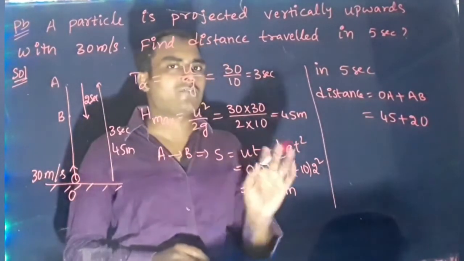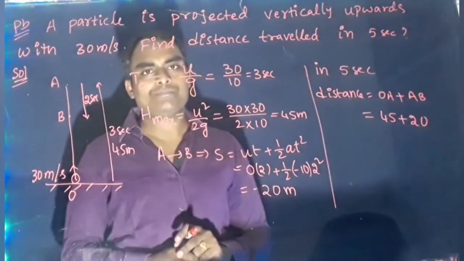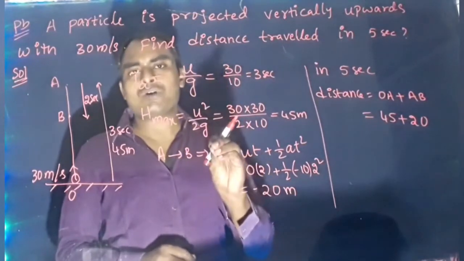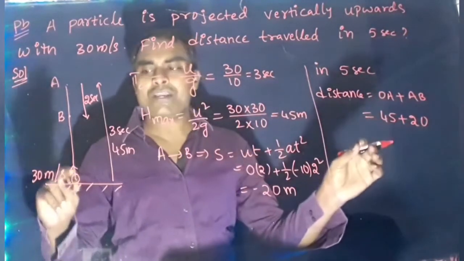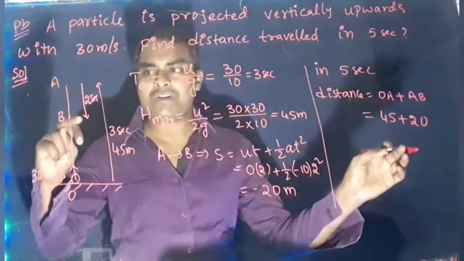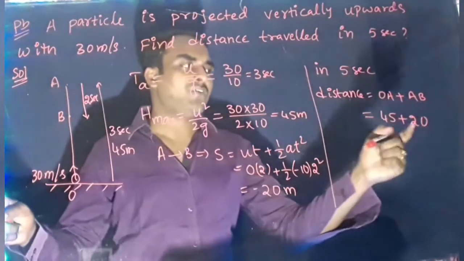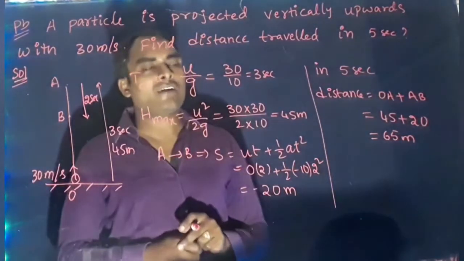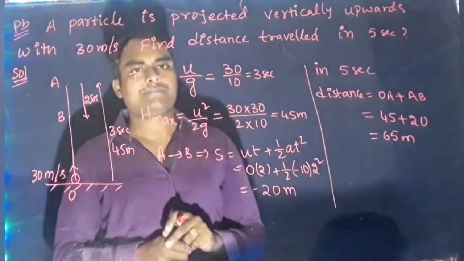Distance is not a vector. We should not follow sign convention. We should not take distance negative. Distance is a scalar quantity. Simple addition, while going up 45 meter plus while coming down 20 meter. So 45 plus 20, 65 meter is the distance traveled in 5 seconds.